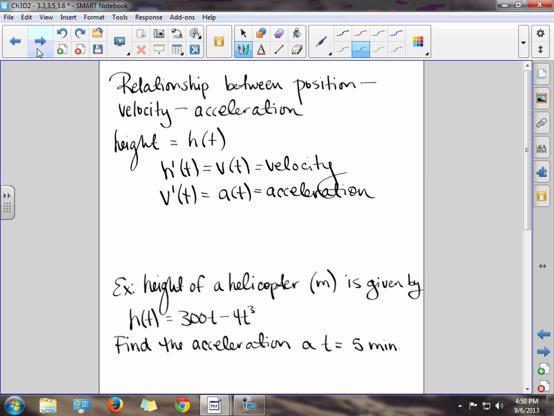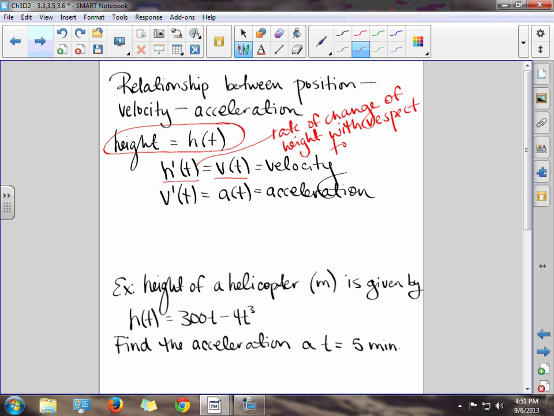So one of the neat things you can do with higher order derivatives is talk about the relationship between position, velocity, and acceleration. If you start with just a position function, say we start with height, and you take the derivative of height, this is your velocity, because this is the rate of change of height with respect to time.